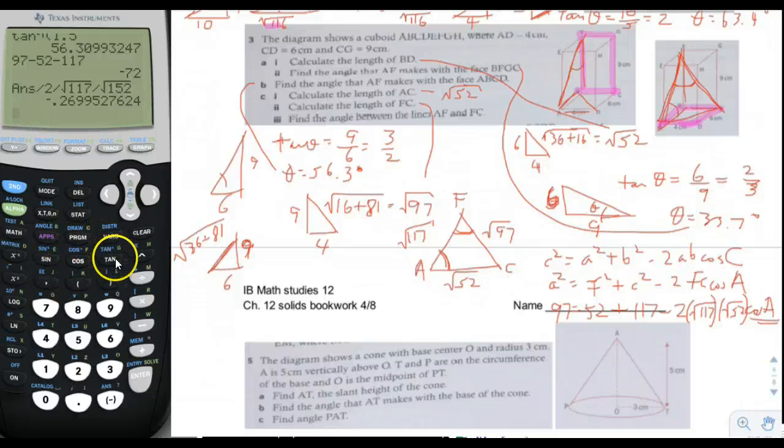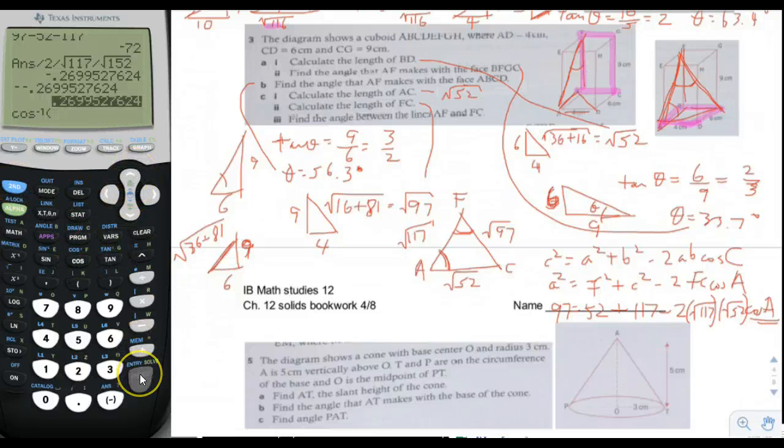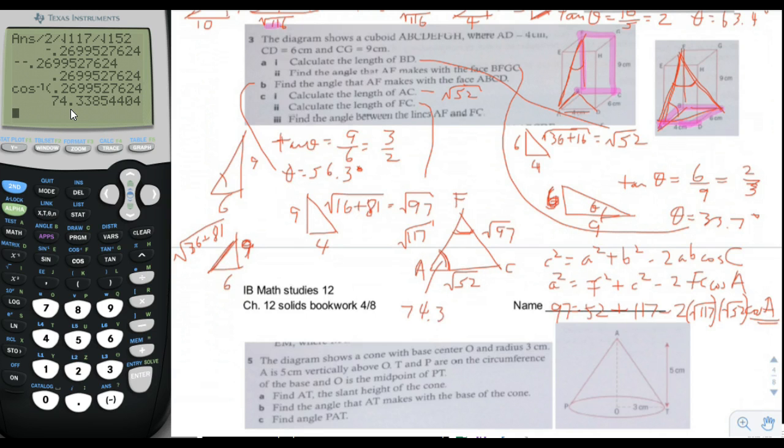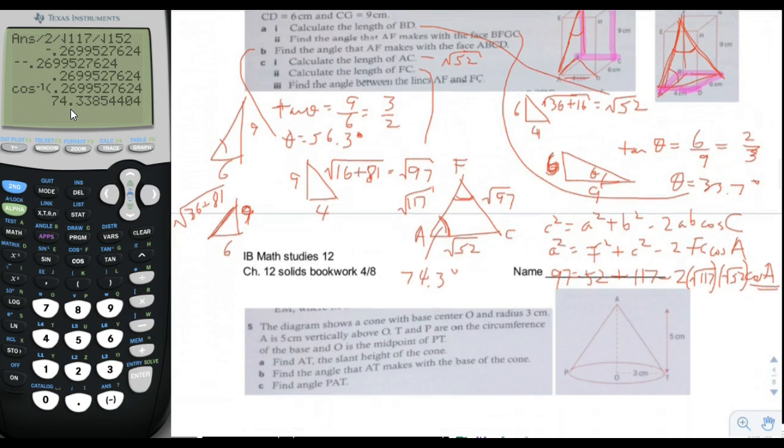So we're going to take the negative of that, and then we're going to take the inverse cosine of this. So the angle is 74.3 degrees. So this angle here is 74.3 degrees. Okay, and that is page 3.